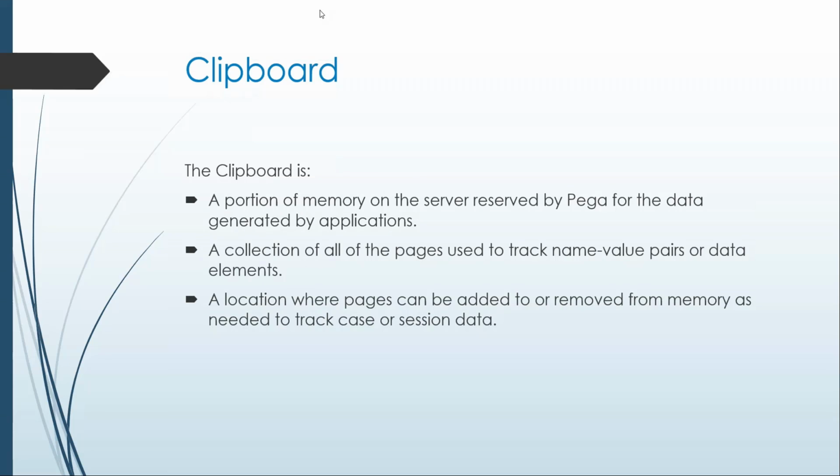So we know that this clipboard is a part of Pega where you can see all the data corresponding to each of your properties, right? You get to see the data in the form of name value pairs here. You see the name of the entity, and you get to see the value corresponding to it.